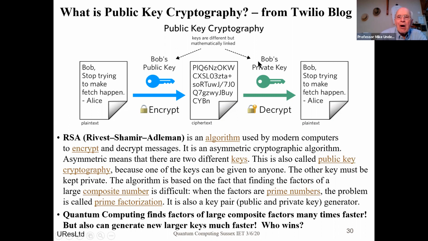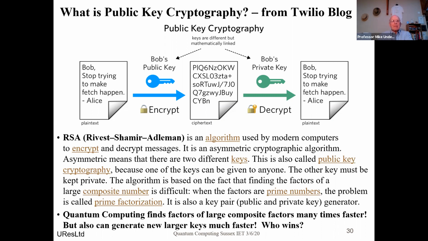And then Bob has his own private key, which is linked to that public key, and only with that private key can he decode the message. So Bob gets the message from Alice completely secretly.